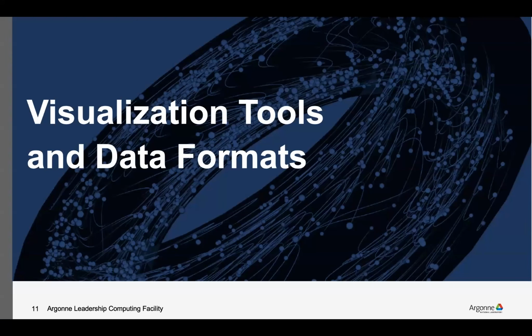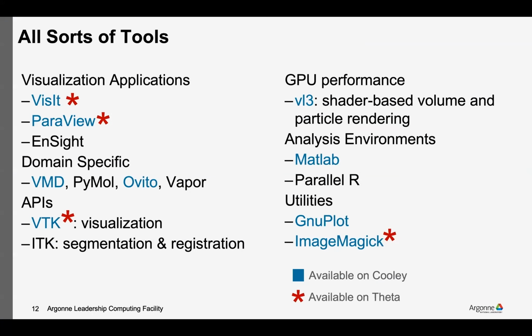So a little bit about some visualization tools and data formats. There's all sorts of tools out there for doing viz. This is not by any means an exhaustive list, but some examples. For example, there's visualization applications, but there's also APIs and some that take advantage of the GPU and that sort of thing.